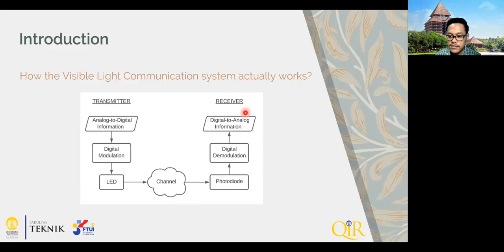At the receiver, the optical signal that has been transmitted by the transmitter is received by the photodiode component, and then the optical signal is processed with a microcontroller by demodulating and converting it back to analog form so that users can receive the same form of information as before.